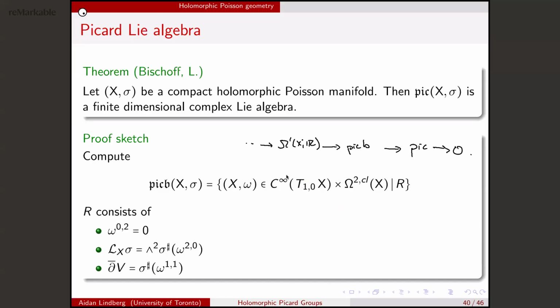What is important is that if I have two things here, like V, beta and W, gamma, then I can define the Lie bracket to be the Lie bracket of the vector field part, and then act on the forms using the vector field via Lie derivative. This is the Lie algebra structure on Pic B, and the image of this inside of here is an ideal. So Pic inherits the Lie algebra structure from this formula.